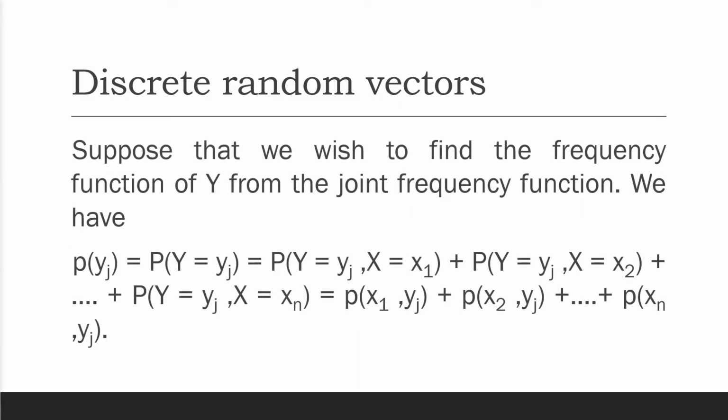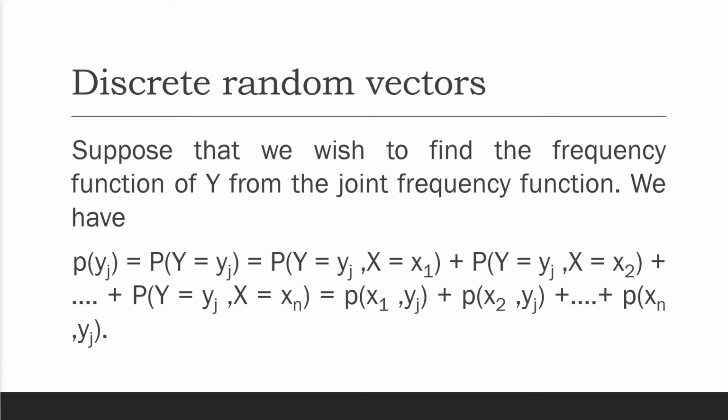Now suppose that we wish to find a frequency function of Y from the joint frequency function. So we have the probability of Y equal to y sub j, which is the probability that Y equals y sub j and X sub 1 equals x, plus so on, up to p of x sub n, y sub j.